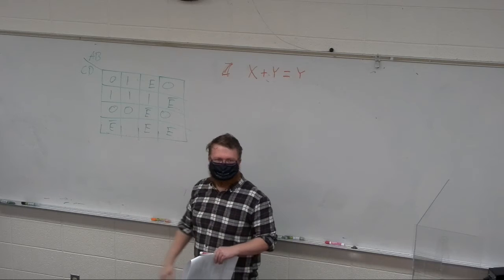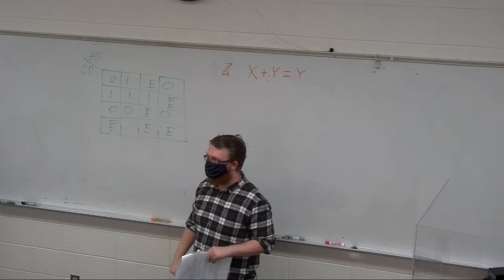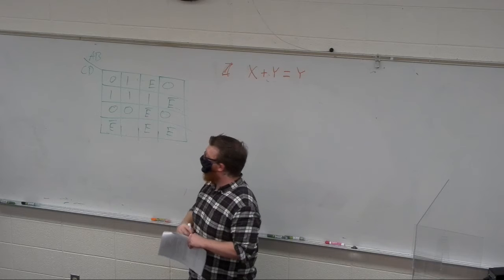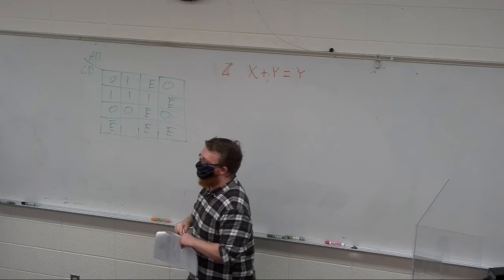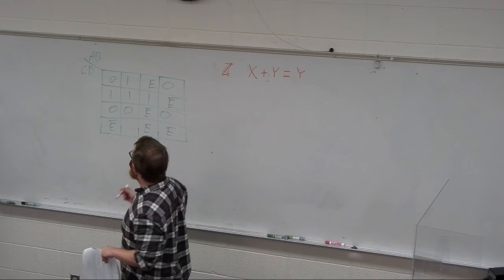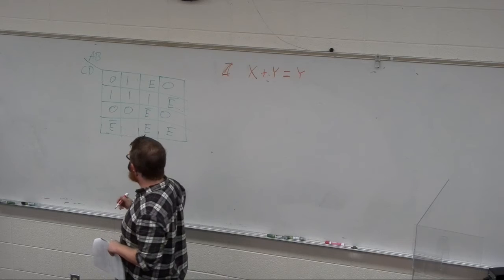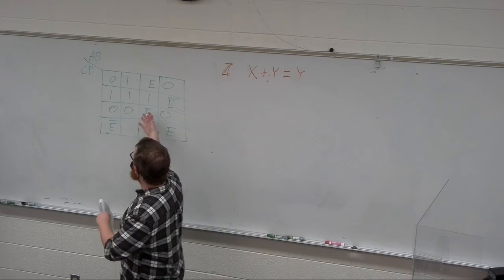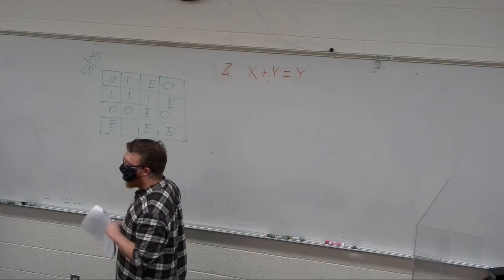Circles. What do I want to circle? What implicants do I want to start circling? Right. Where should I start? What's the biggest one that you can see?